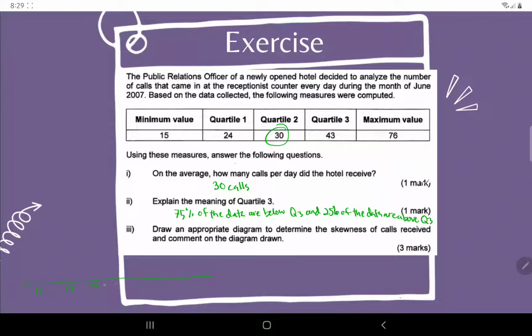Sebab kalau beza dengan 43, it is 13. Beza dengan 24, 6 je. And then 76 lagi jauh lah. So this is our minimum value, maximum value. So our box here, ni kita punya whisker.